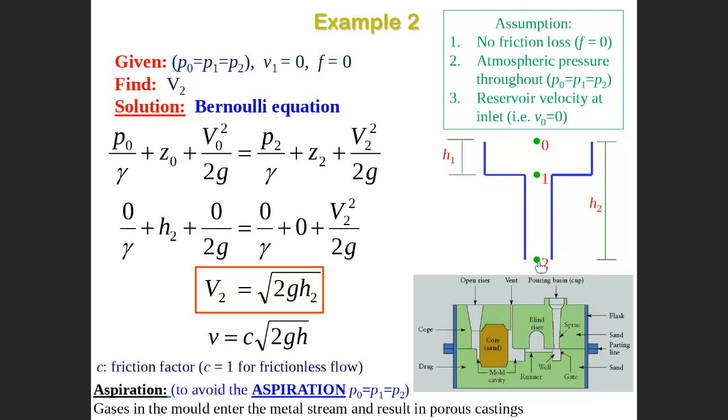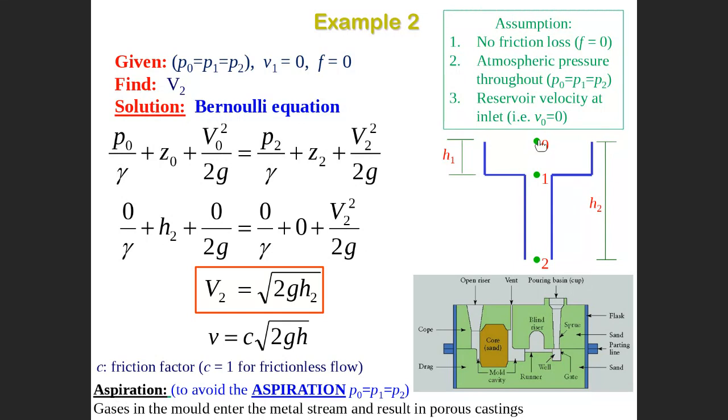Why do we want to maintain pressure constant all the way from 0 to 2? To avoid what we call aspiration. What is aspiration? Aspiration is when gas in a mold enters the metal stream and results in porous casting.